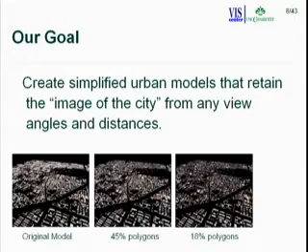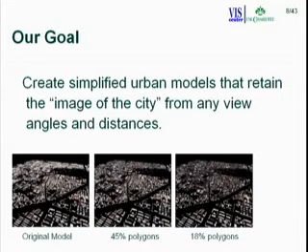To simplify this, let me just state our goal for this project: to create simplified urban models that retain the image of the city from any view angles and distances. As an example of what we get, you see the original model on the left. The middle image shows the model having been reduced to 45% of the polygons, and the last one is 18%. You see a little bit of a dimming effect when it goes from original to fewer polygons.